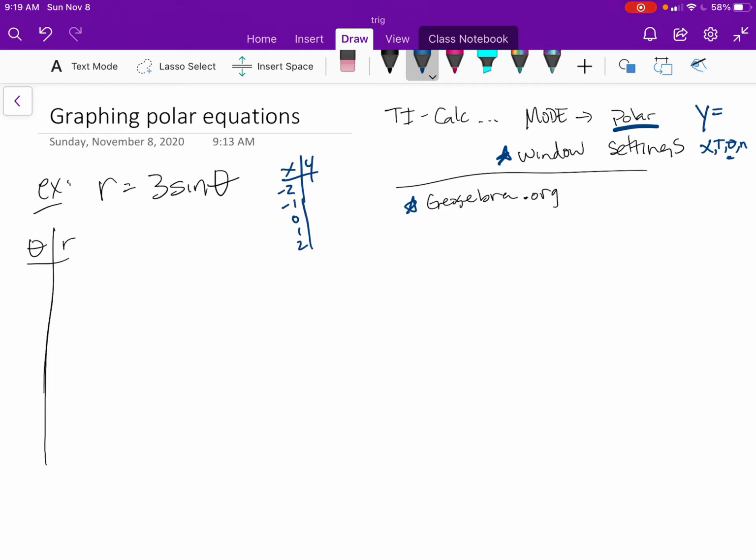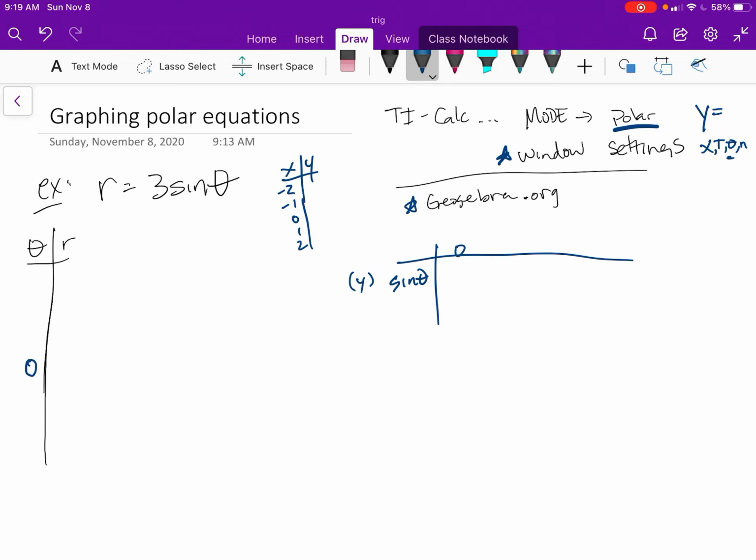Same thing here. I want to place 0 in the middle here, and then think of a few values. So it might also be handy to have our sine chart quickly at our disposal. Sine theta, since I have all sines. Sine is the y value.